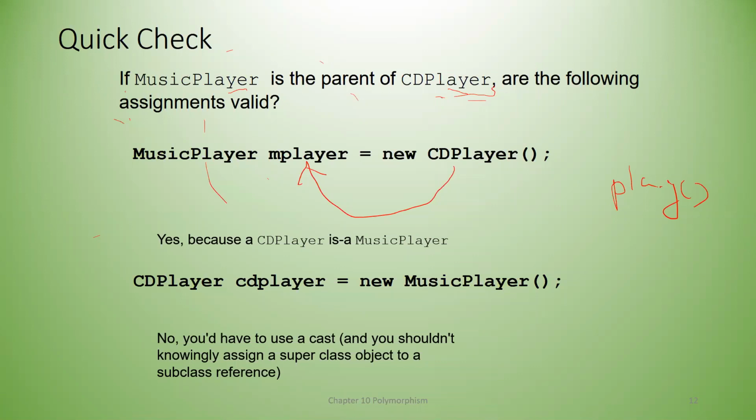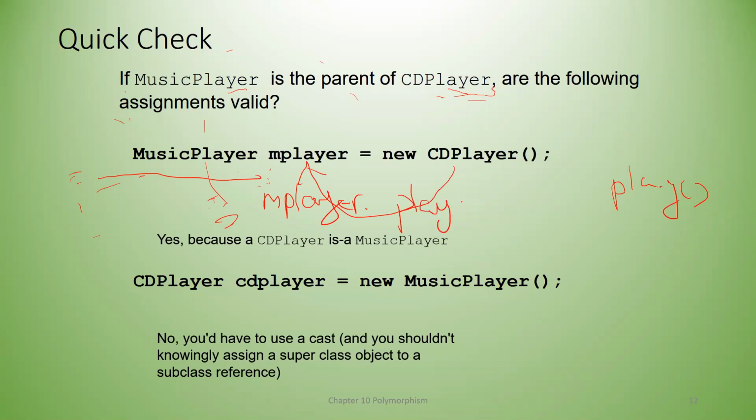So suppose they both have a play method at compile time, okay, at compile time. Which class do you think, if I do this, it's difficult to write here. So let me do it here. Player dot play.